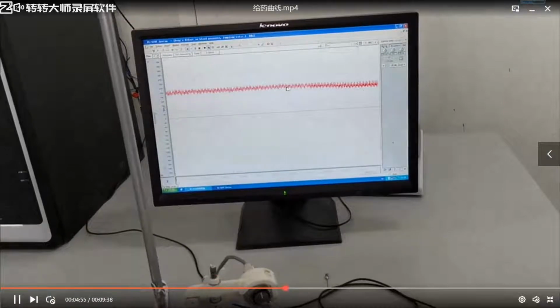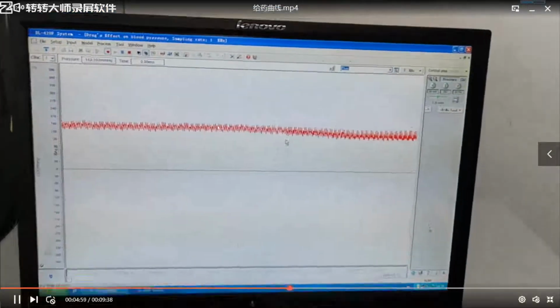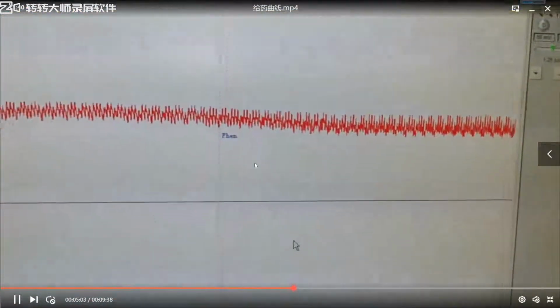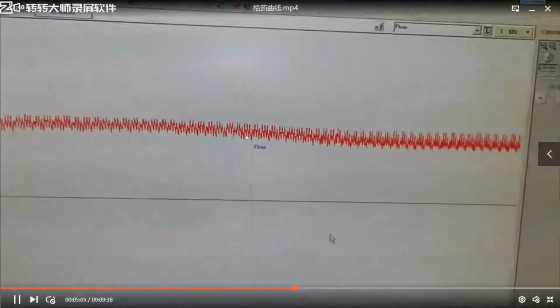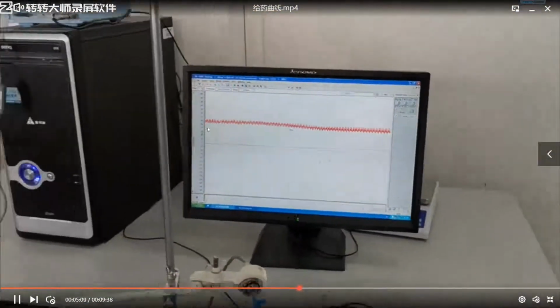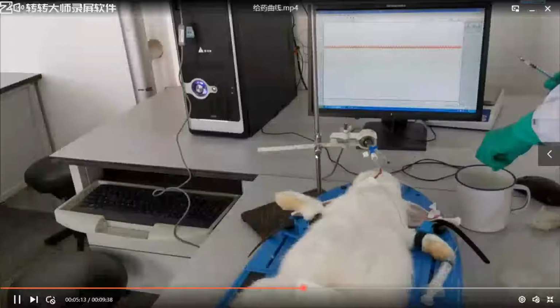This is the normal blood pressure curve, and here we injected phentolamine. Okay, so we can see that compared to the normal curve, blood pressure is reduced.